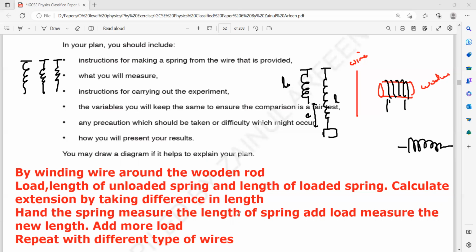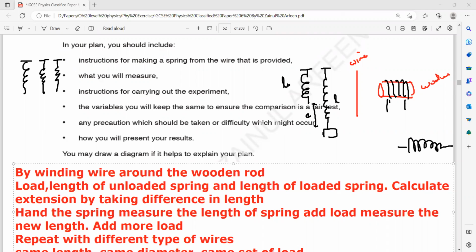Same length, same diameter, because we are using the same wooden rod. So same length, same diameter, same set of load. Like deformation, it can deform, so we must make it the same.